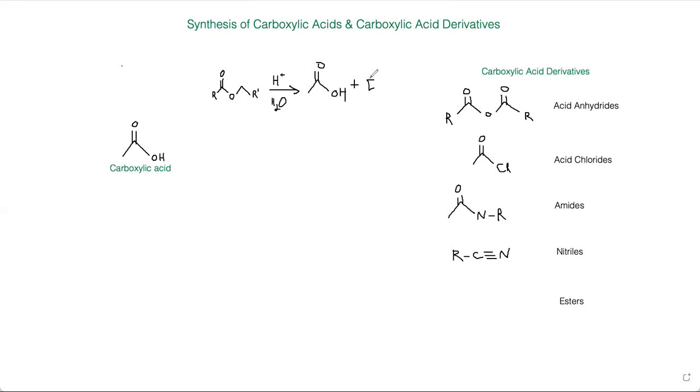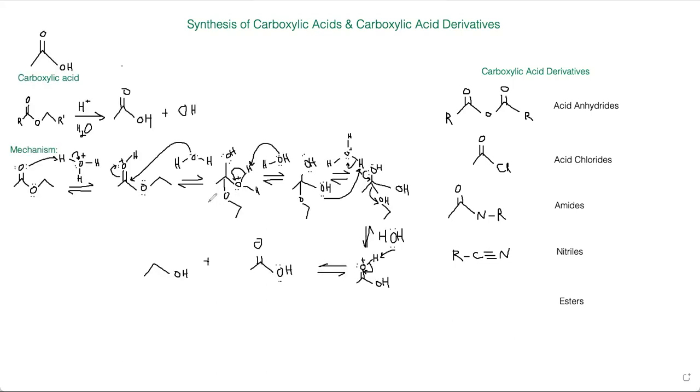And acid anhydrides will result in two equivalents of carboxylic acid, and acid chlorides will give you a carboxylic acid plus hydrochloric acid. I'll go ahead and write out the mechanism for the synthesis of carboxylic acid from esters.